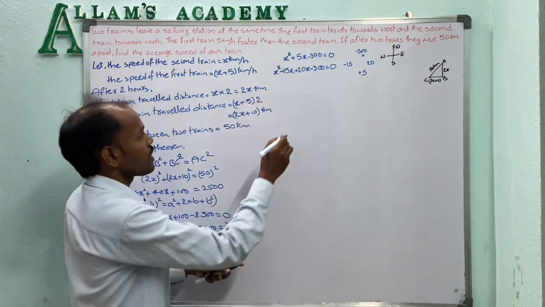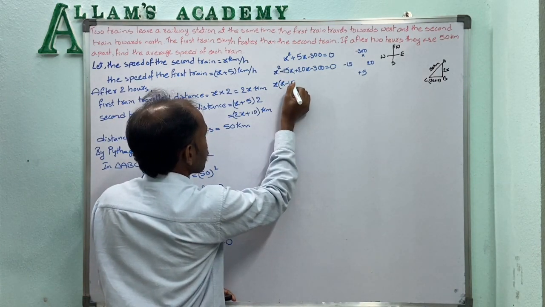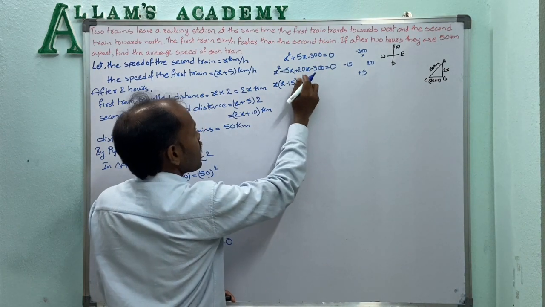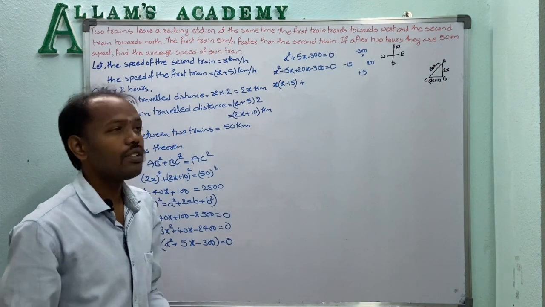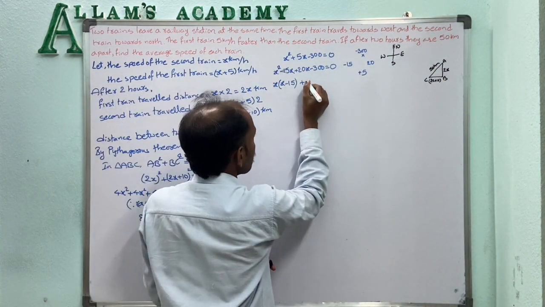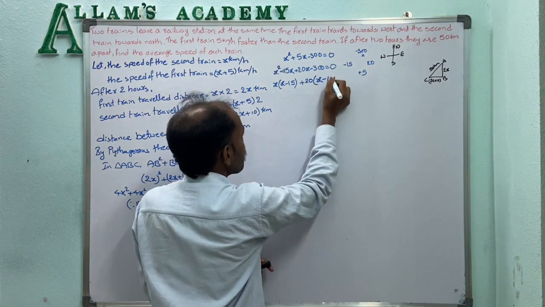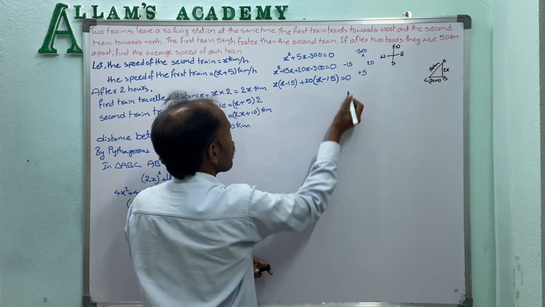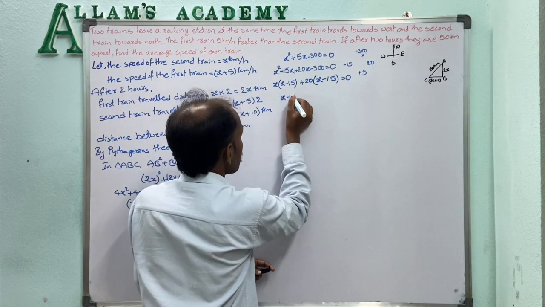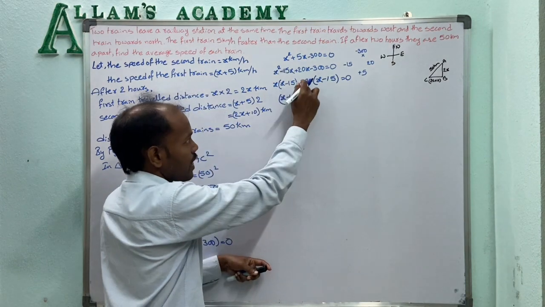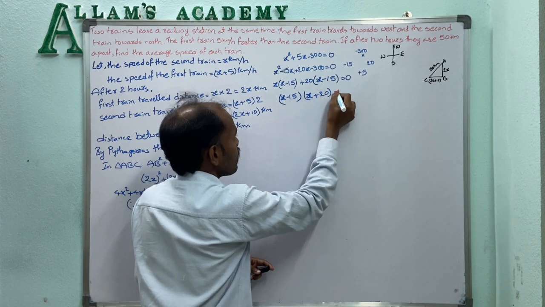So now in this both x is the common number, so x will be taking common, x into x minus 15, plus 20x means we can write 20 into x, 300 means we can write 20 into 15. So in this both we taking 20 as common, 20 into x minus 15. Now in this both x minus 15 is the common number. So x minus 15 common taken means here remained one is x and here remained one is plus 20. So x minus 15 into x plus 20 equal to 0.